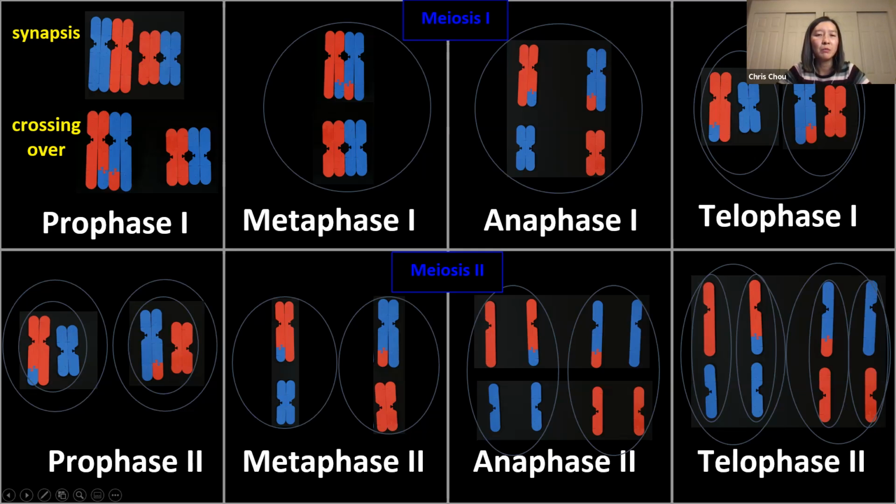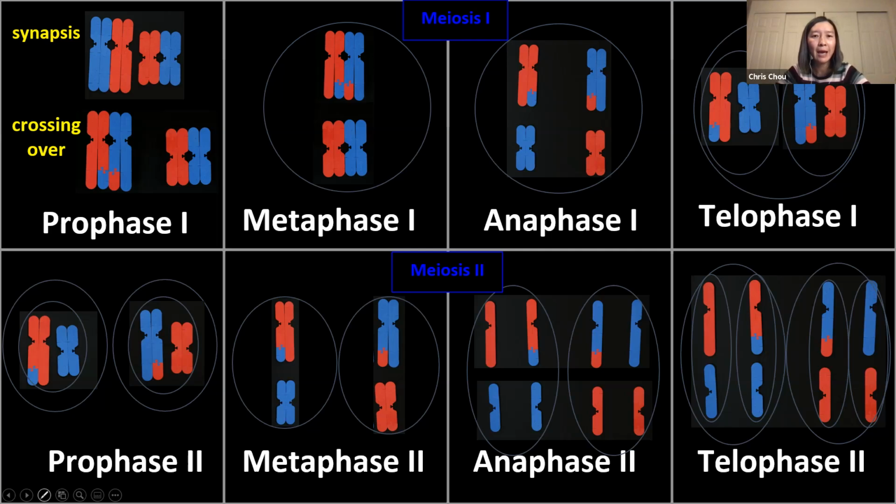Then you can move them through all the different phases of meiosis: meiosis 1, and then the second division, meiosis 2. At the very end, after telophase 2, you have 4 different daughter cells. When you count the chromosomes, students can see we started with 4 chromosomes and now you've got 2. So they're now haploid.